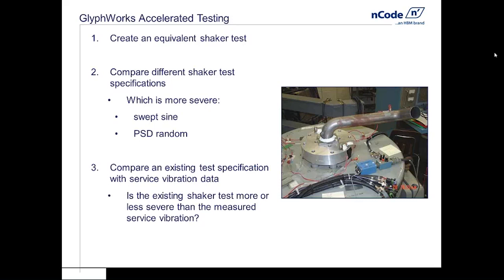Without using fundamental fatigue and vibration principles, answering this question can become very difficult because the measured vibration data is typically in the time domain and the shaker profile is in the frequency domain. And there are difficulties in making direct comparisons looking at a PSD or a swept sine test and trying to understand its durability content relative to measured time series data. This is something we can do inside the nCode accelerated testing suite of software, and we'll look at that in just a minute.